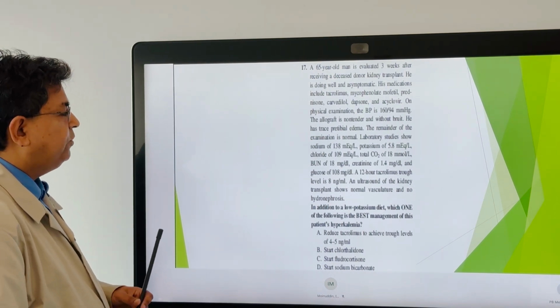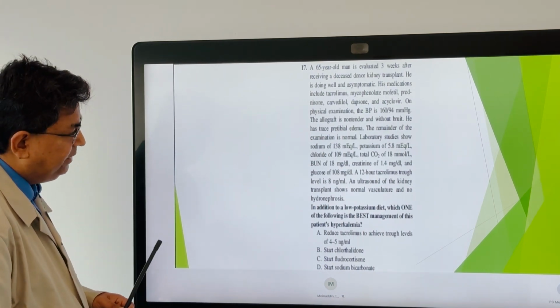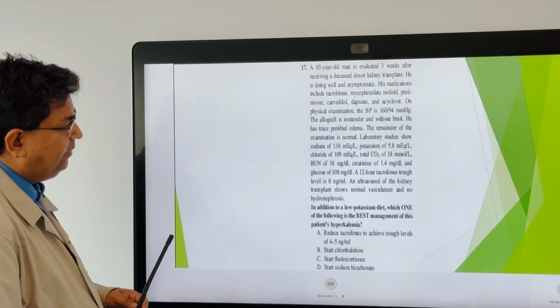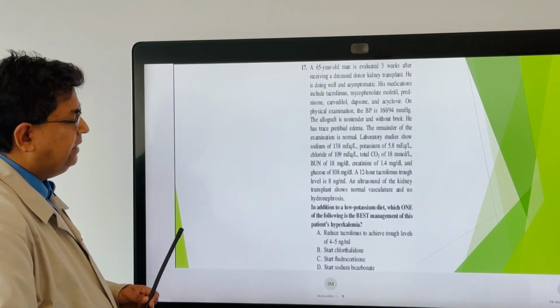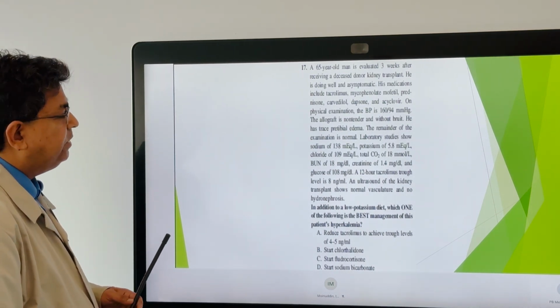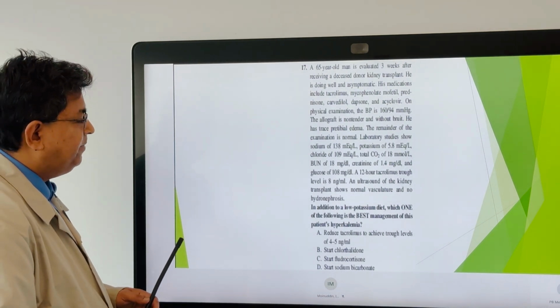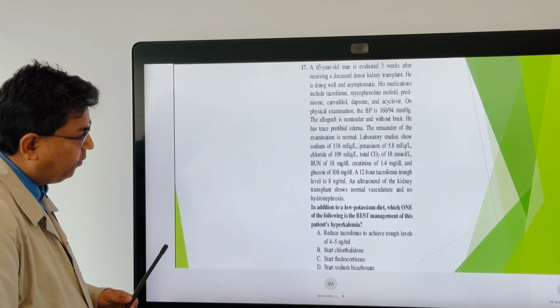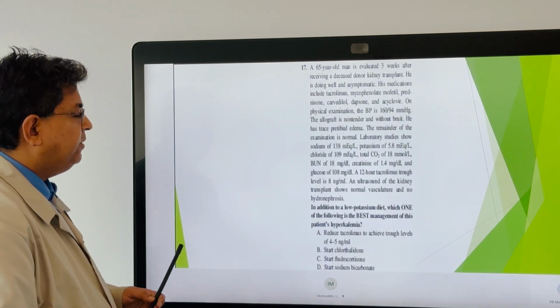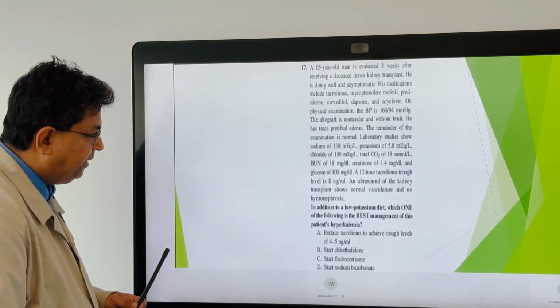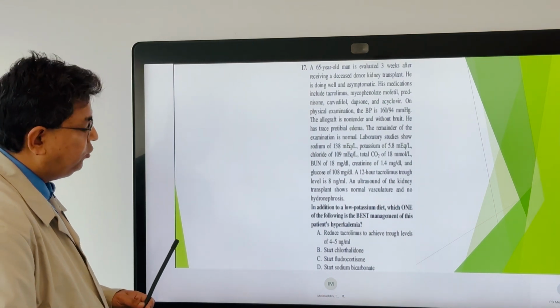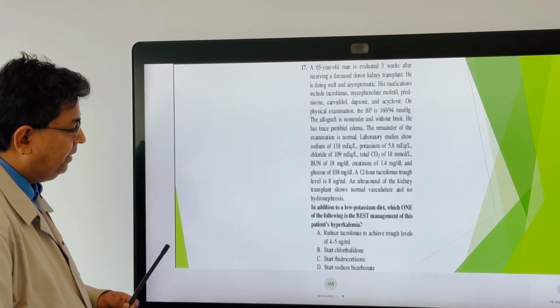Laboratory studies show sodium of 138 millimoles per liter, potassium of 5.8 millimoles per liter, chloride of 109 millimoles per liter, total CO2 of 18 millimoles per liter, BUN of 18 milligrams per deciliter, creatinine of 1.4 milligrams per deciliter, and glucose of 108 milligrams per deciliter. A 12-hour tacrolimus trough level is 8 nanograms per milliliter.